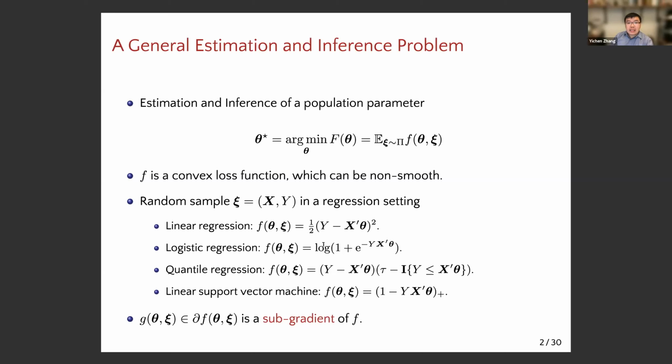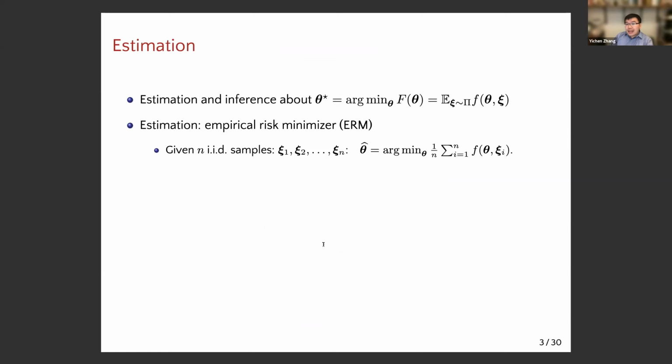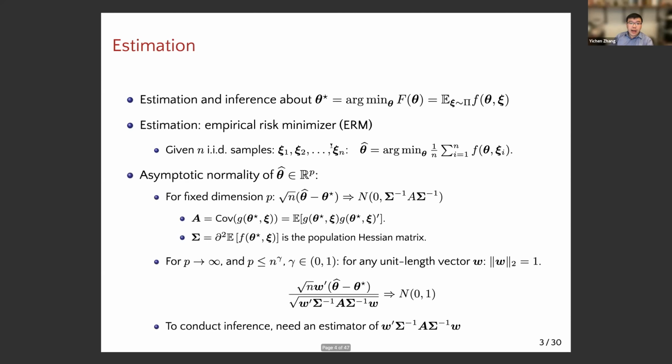Let's start from the estimation. A typical estimator would be the empirical risk minimizer, where we replace the population risk F by an empirical risk function, which is a sample average of the loss functions over the i.i.d. samples. With this estimator, we can build asymptotic normality for the estimator theta hat.